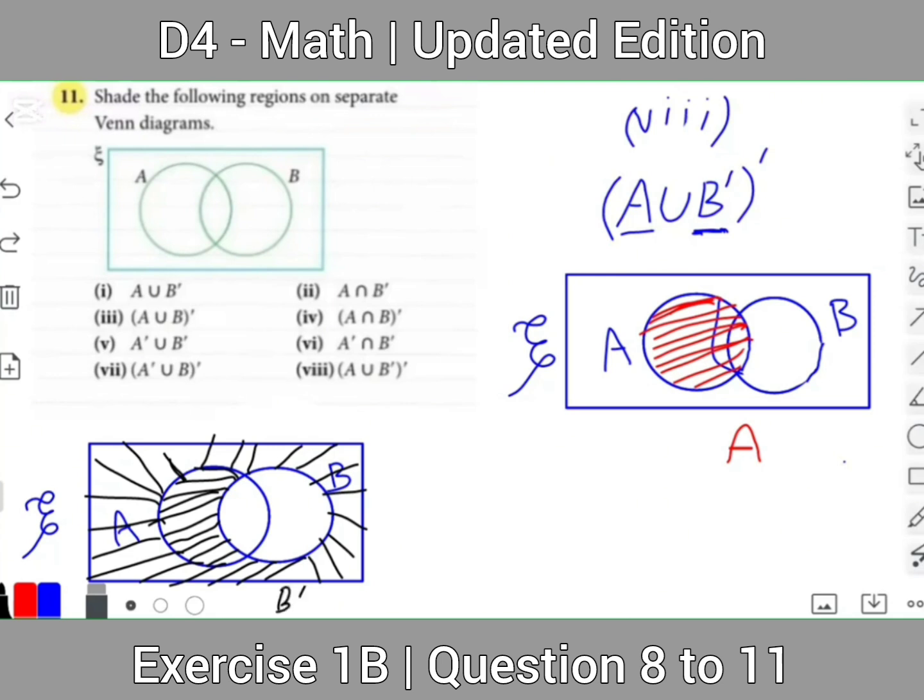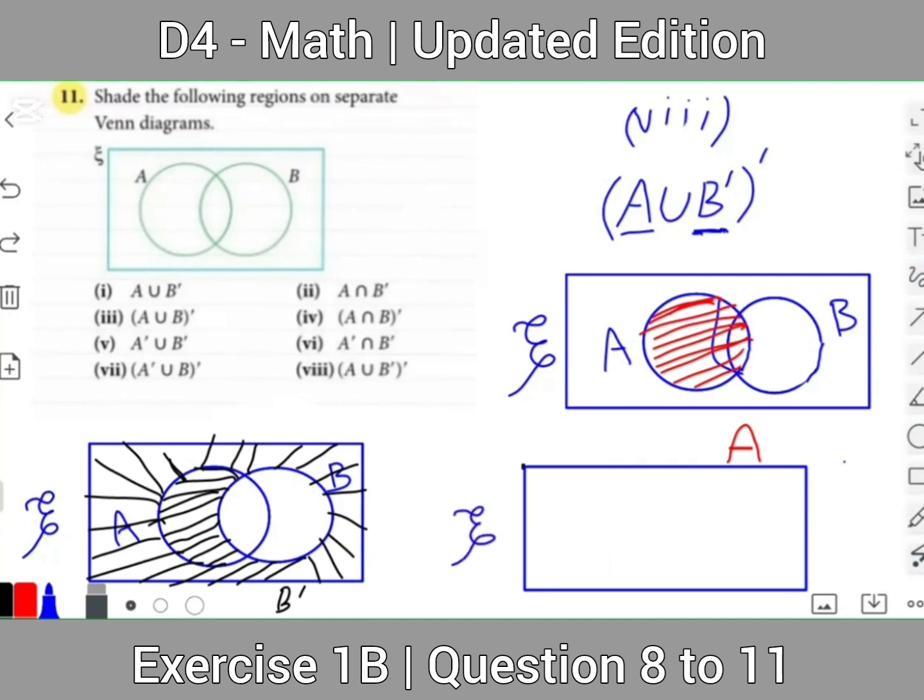Now we have to find out the shaded region for the A union B complement. So for this, we will draw again another rectangle that represents the universal set eta, and inside it we have two overlapping circles A and B. And for this, we will put all the shaded regions in the first and second Venn diagram here.